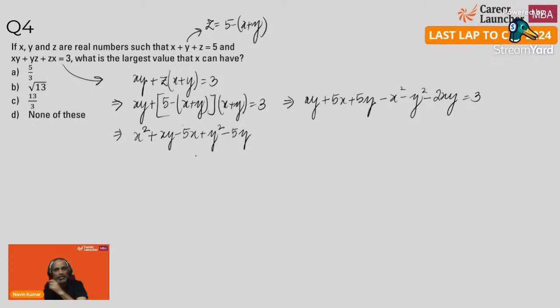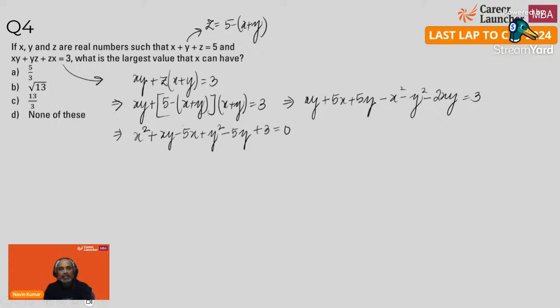I'm shifting everything to the RHS. So the negatives will become positive, positive will become negative. So I'll have x², minus xy will become plus xy, plus 5x will become minus 5x, minus y² will become plus y², plus 5y will become minus 5y, and then we will have a 3 as well. I hope no one has any problem here.